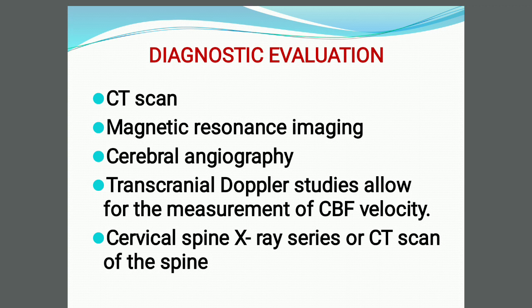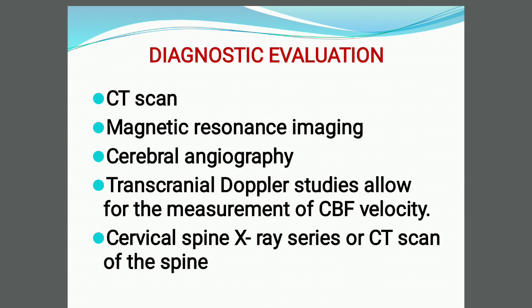The next is the transcranial Doppler studies, which allow measurement of cerebral blood flow velocity. And the cervical spine X-ray may indicate if there is any trauma after the head injury.